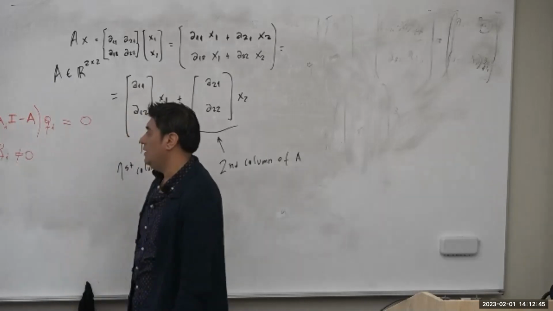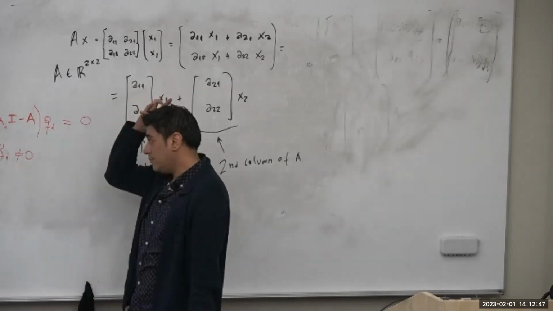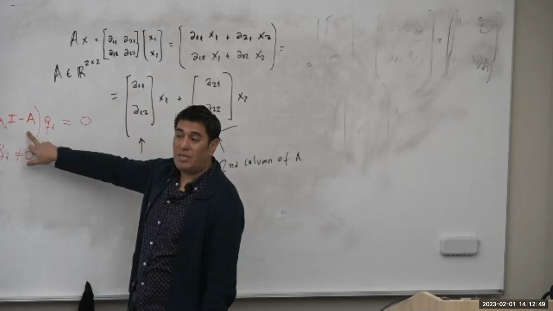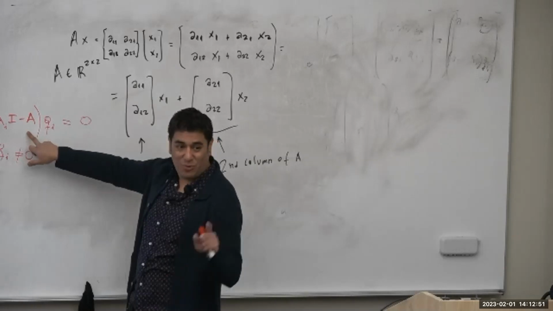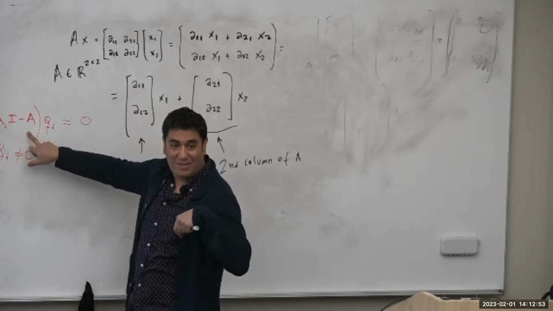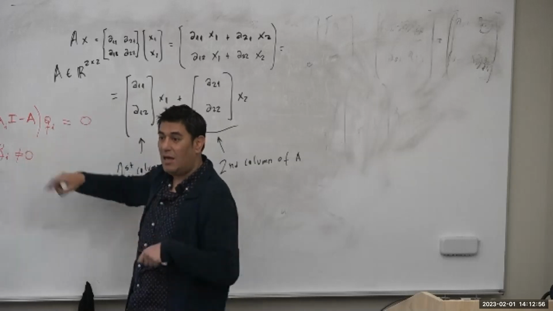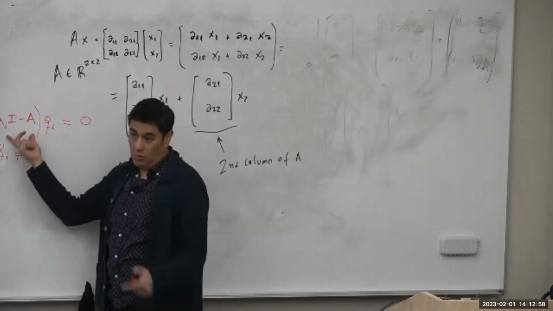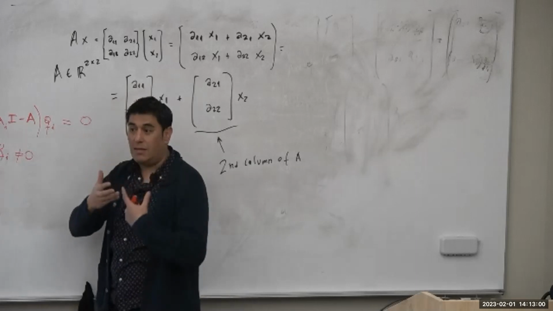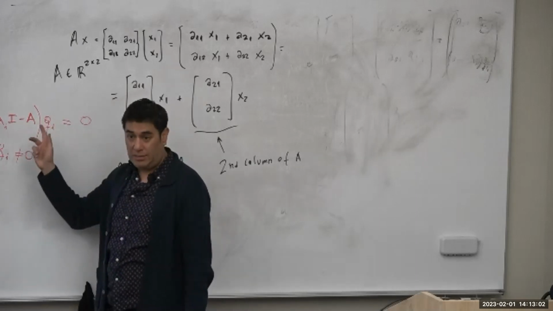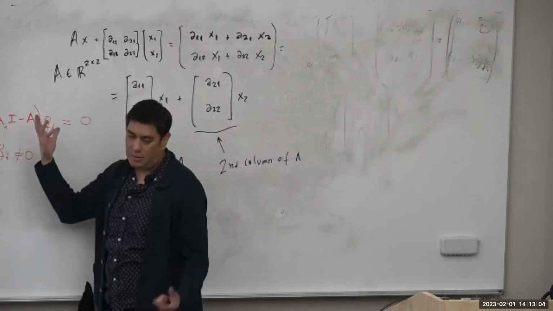So this needs to be singular. Is this something you remember from before? Do you remember linear dependency, independency? Yes. So when this is singular, that's the same thing as saying linearly dependent. The columns of this are linearly dependent.